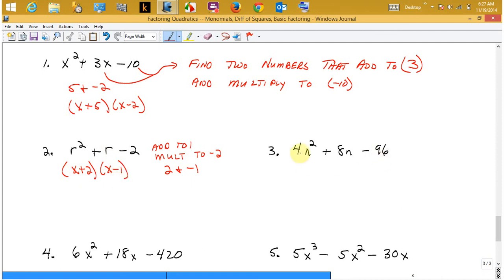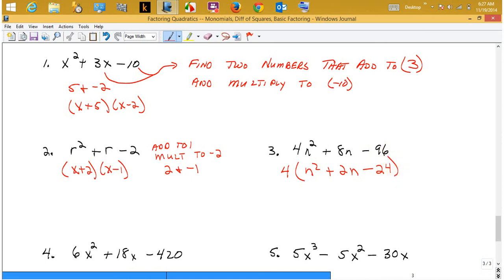In this next one, it looks like I could factor a 4 out first. Remember, always look to see if we can factor something out. So that would give me 4 times n squared plus 2n, and 4 would divide into 96: 4 goes into 9 twice, and carry the 1, it would be 24.